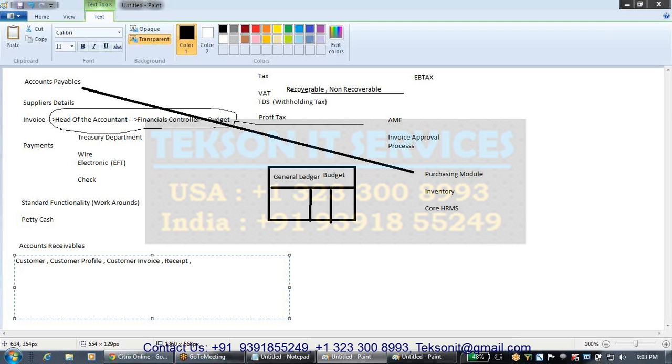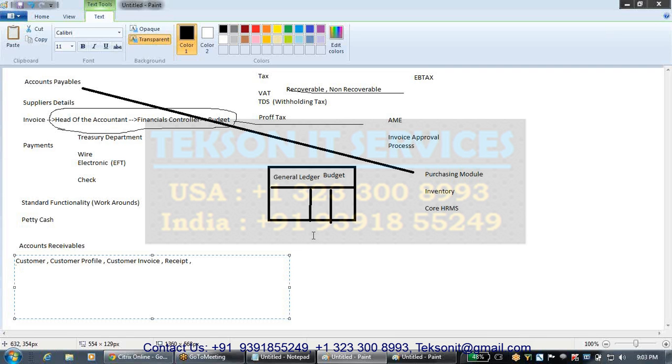All these concepts, as well as I want to very clearly explain to you that Oracle Financials or SAP, whatever it may be, both are back office systems. Back office system means we can't use it as a front office system. Suppose Vodafone has implemented, SBI has implemented, Andhra Bank has implemented, Air India has implemented.